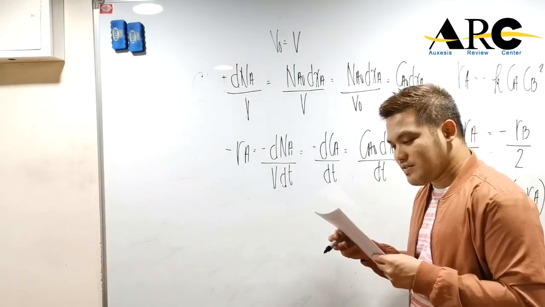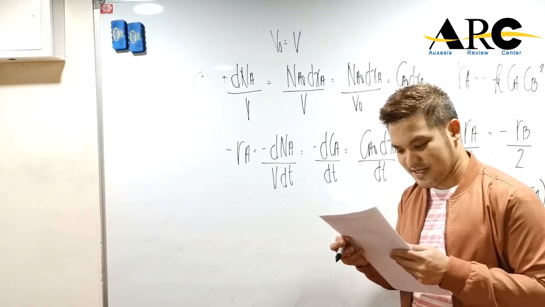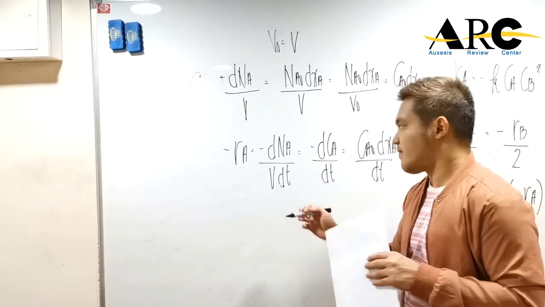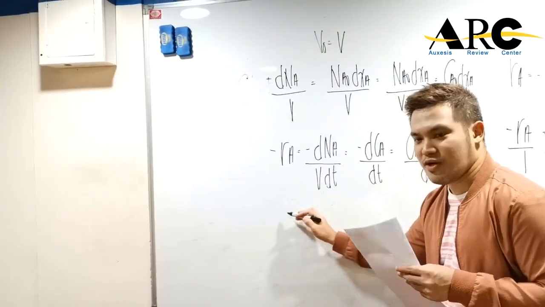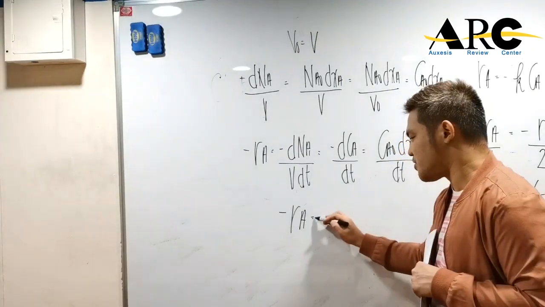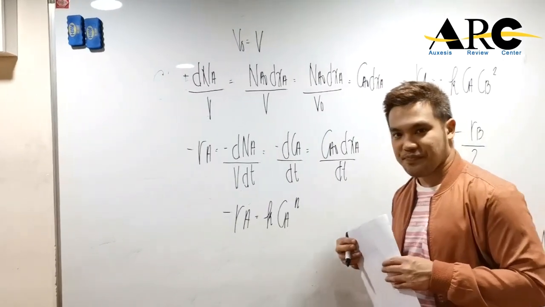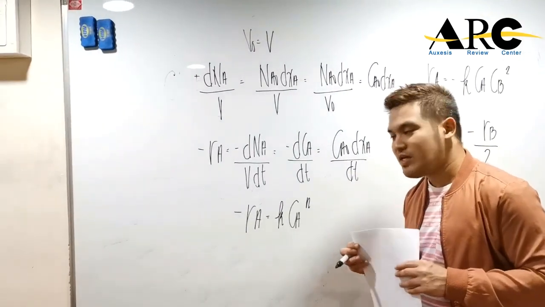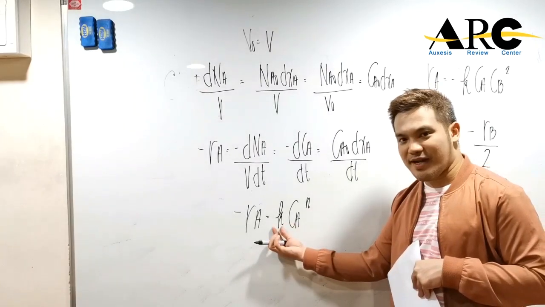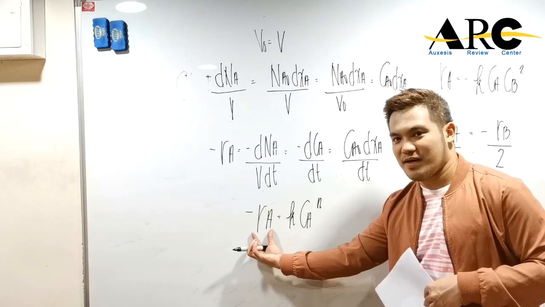So, for number 1, in which of the following cases does the reaction go farthest to completion? So, according to law of mass action, negative rA is proportional sa concentration raised sa order. So, meaning to say, kapag mas mataas yung value ng K, mas tataas yung value ng negative rA.